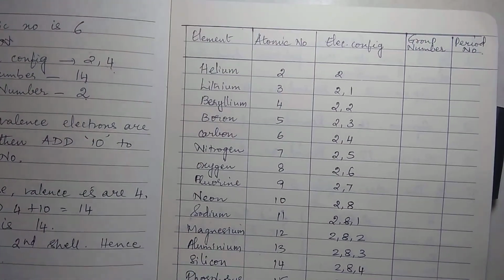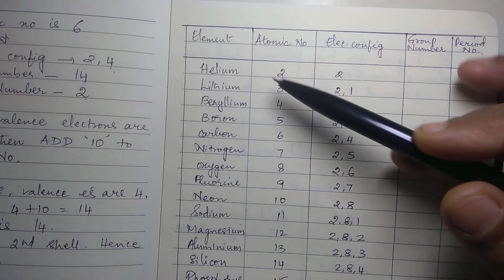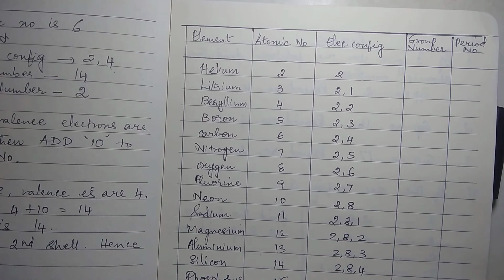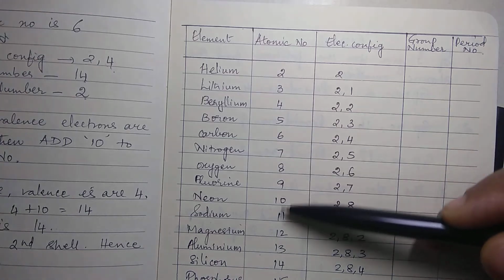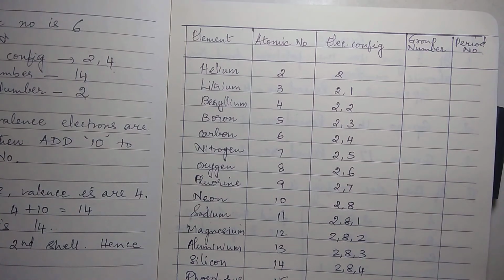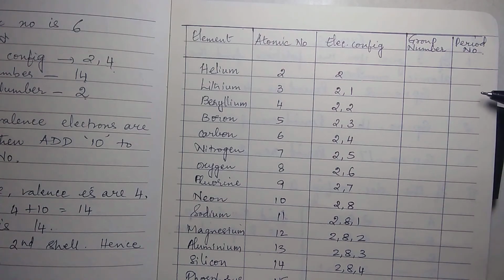Now you are going to fill it up and let me know. From helium to calcium, I have given all the elements. Atomic number I have given. Electronic configuration also I have given. You just have to tell me what their group number and period number are. These two columns you are going to fill and show me. Right?